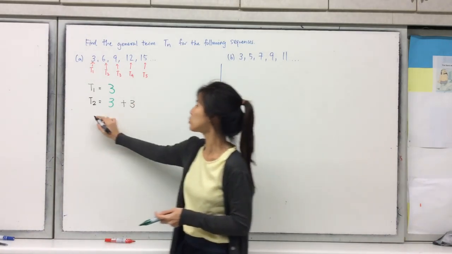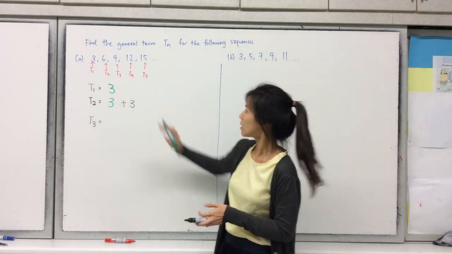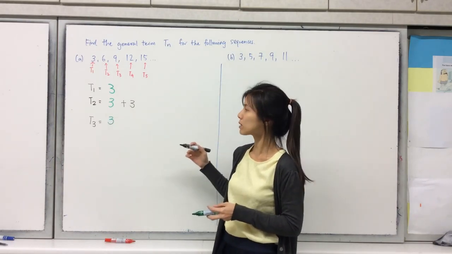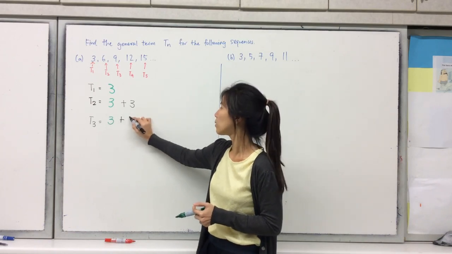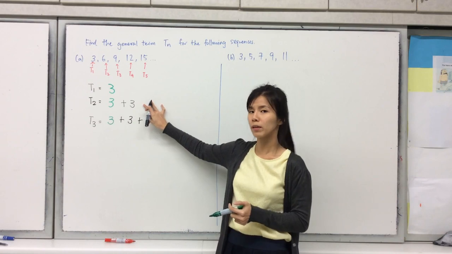Now for term 3, it equals 9. We keep the first number, which is the green color 3, and ask ourselves what's the difference between 9 and this 3. You have to add an additional 3 from the term 2.